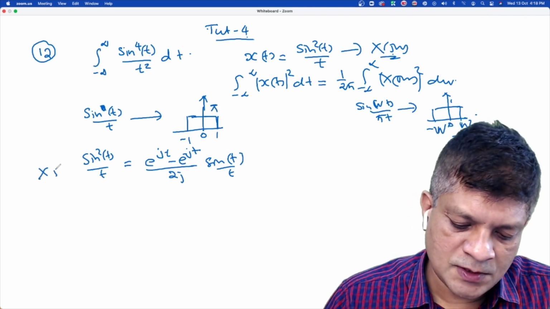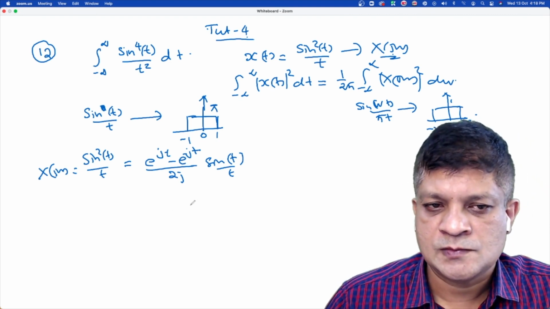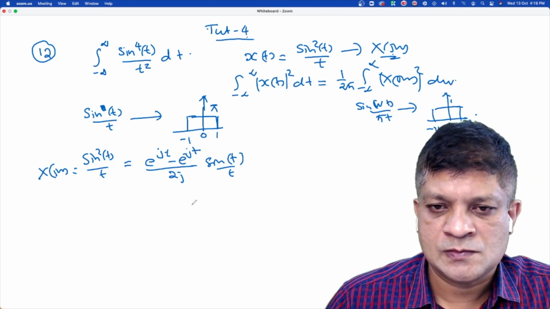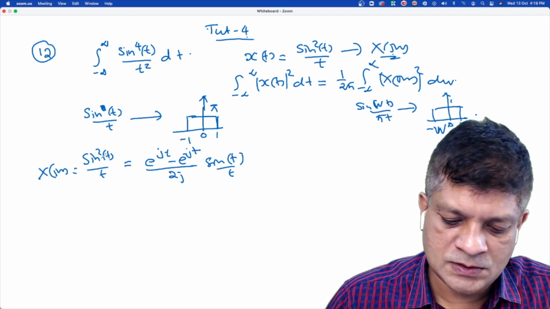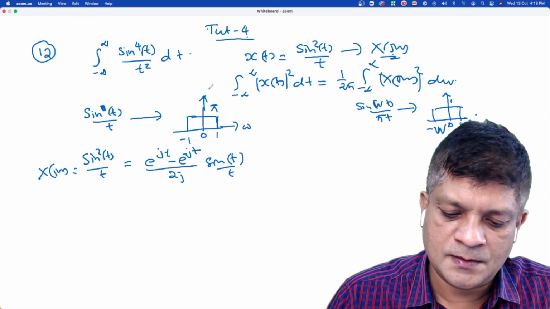This is x of j omega. Tell me, what is x of j omega? This is the Fourier transform of sine t by t. This is a function of omega.